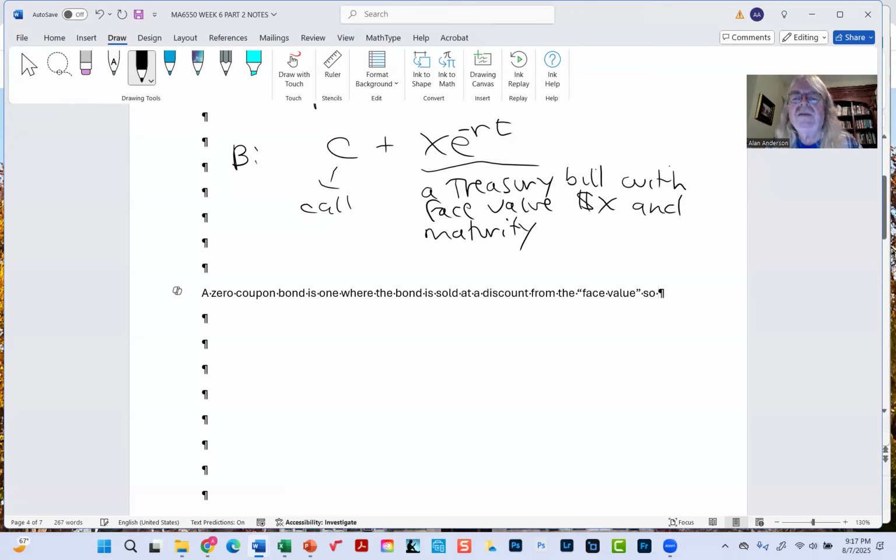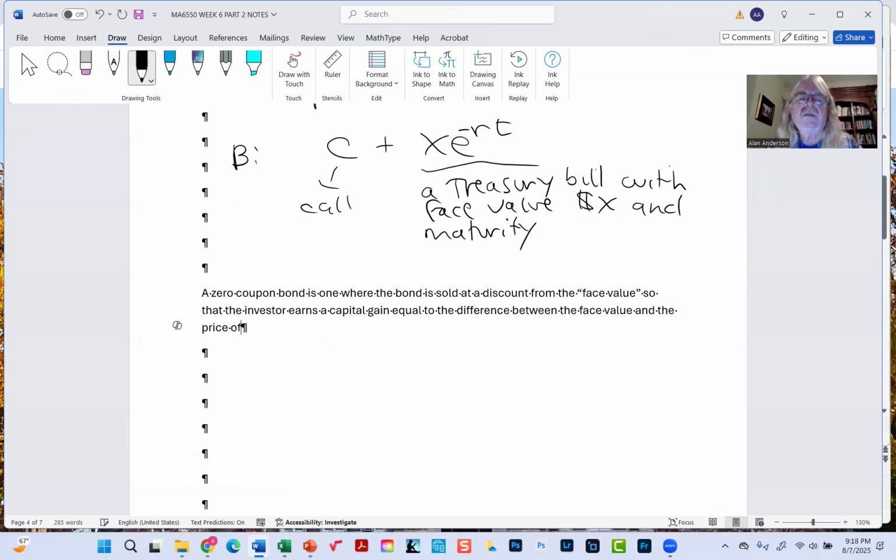So that the investor earns a capital gain equal to the difference between the face value and the price of the bond.